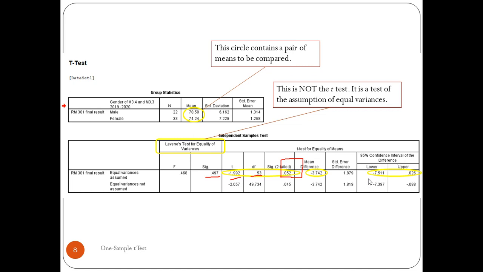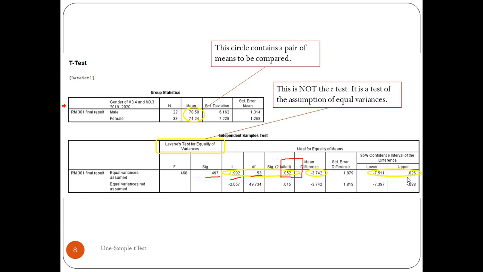It means that if we conduct the research 100 times, 95 times out of 100, we will find that the difference between the means of the male population and the female population ranges from minus 7.51 points to 0.03 points.